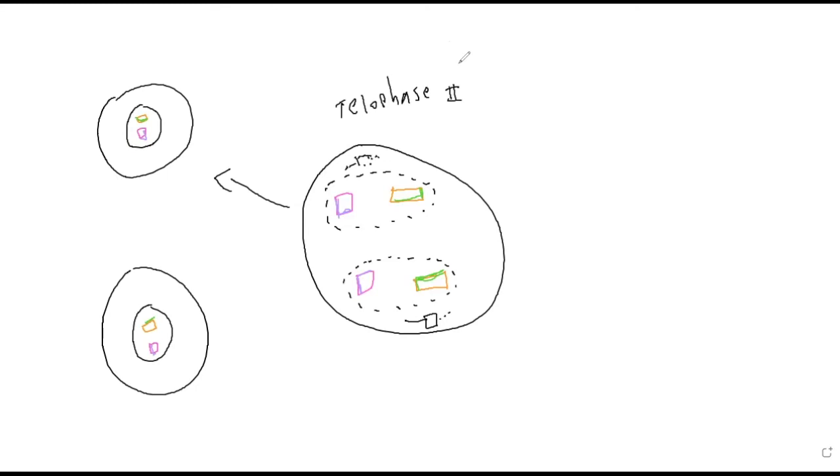Now there's a kind of disorder that can happen during anaphase 1 of meiosis 1 called a non-disjunction disorder. In a non-disjunction disorder, there's actually a correlation between age of the parents and the occurrence of non-disjunction disorders.